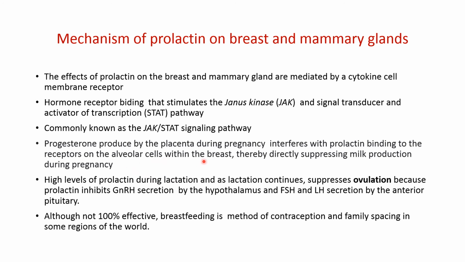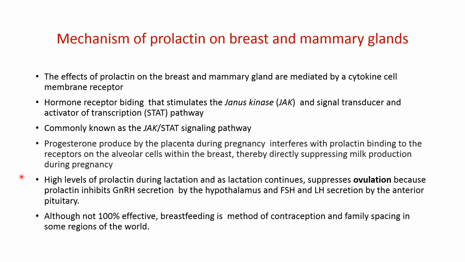High levels of prolactin during lactation, as lactation continues, suppress ovulation because they inhibit GnRH. And if you inhibit GnRH, FSH and LH are not going to be released, so there will be no spermatogenesis or no ovulation.